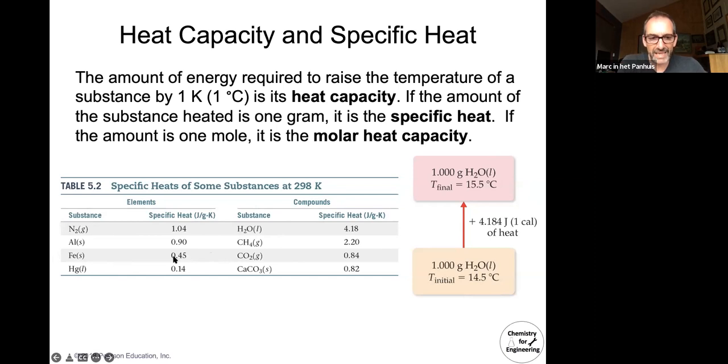That's why metals generally, if you leave them in the sun, get hot much faster compared to, say, some water in the sun, because metals don't need a lot of heat to raise their temperature. They're very good heat conductors, whereas water takes a bit more time to release the heat.